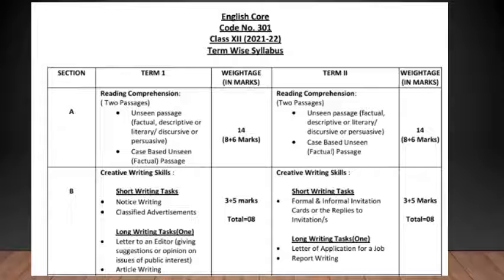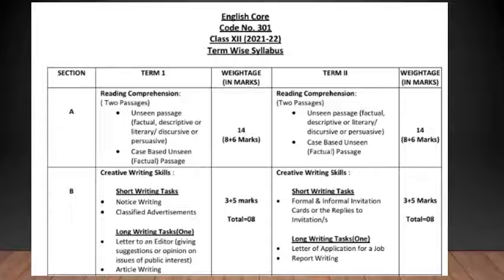In that they have included letter to an editor, giving suggestions or opinions on issues of public interest, and article writing. So that will be for 5 marks. One will be a letter to an editor and another one will be article writing. So totally, this writing skills section will be for 8 marks.